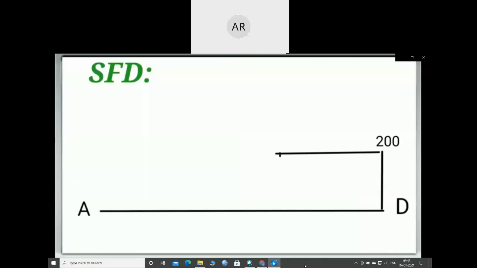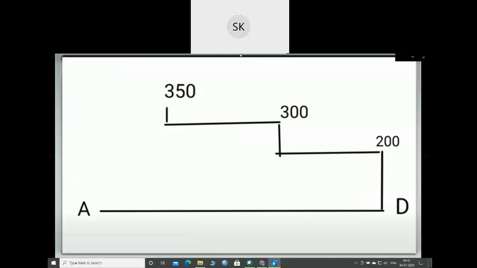So we will draw another 100 Newton above this point to make it 300 Newton. The shear force between point C and B is constant and equal to 300 Newton. So we will draw a straight line between point C and B which will be parallel to the baseline. The shear force just to the left of point B will be equal to 350 Newton. So we will draw 50 Newton above this point to make it 350 Newton.